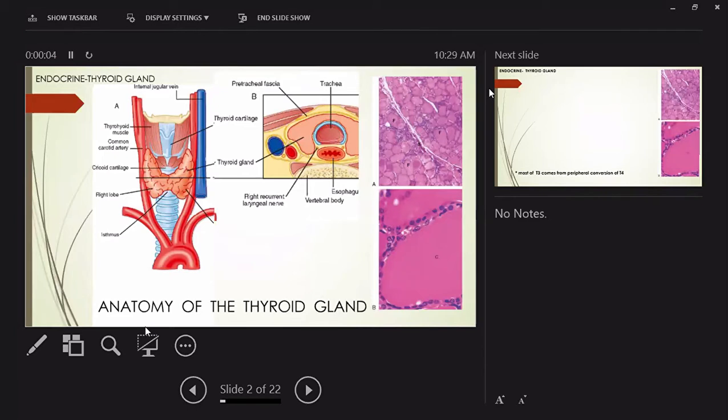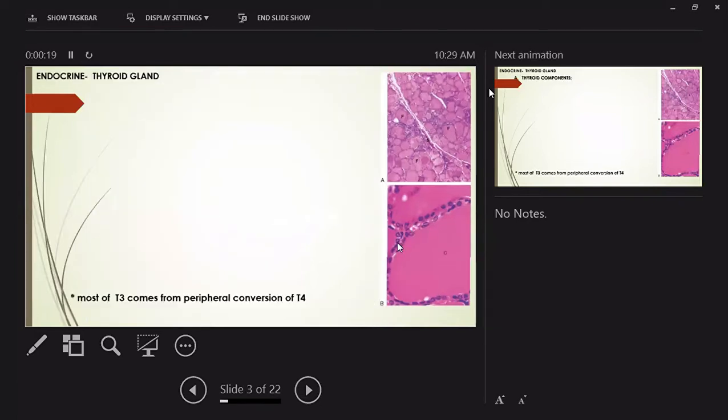Inside the thyroid gland are colloid. And then the epithelial cells here are cuboidal when it is active.